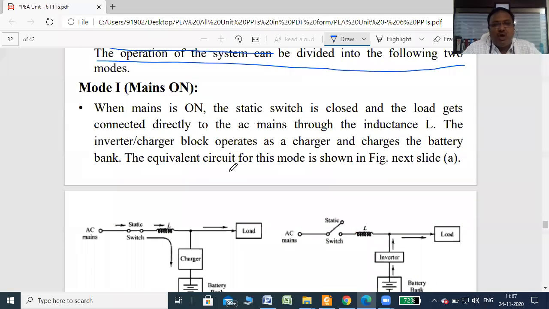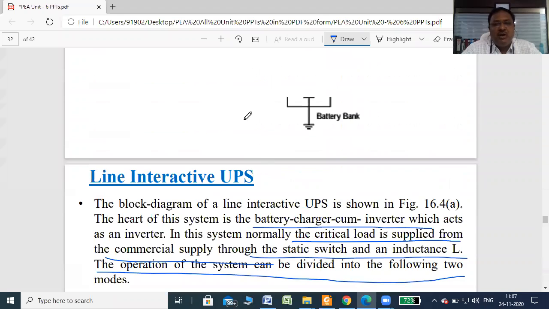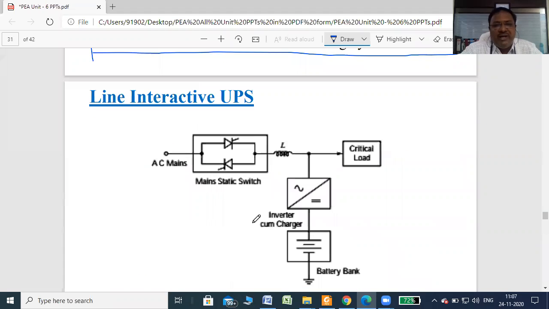Mode one, mains on. When mains is on, the mains switch is on, and the supply is given directly to the critical load via these switches and an inductor, a high value inductor. This inductor will oppose any high fluctuation changes. Actually, this is nothing but a filter, an inductor filter.